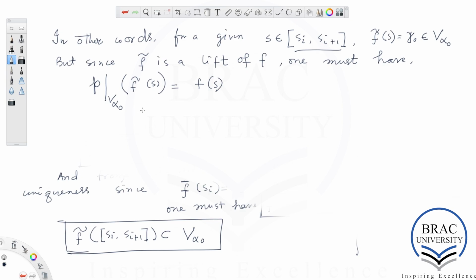Which means p restricted to V sub alpha 0 of y0, where F tilde of s is y0, is equal to F of s.